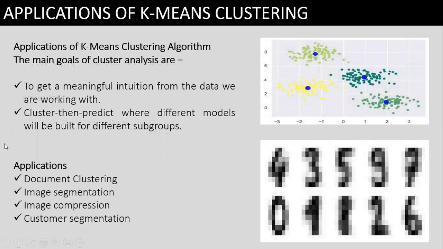So for the applications of k-means clustering, first we review the objective of k-means clustering, which is to get a meaningful intuition from the data we are working with. So get a sense of seemingly random information, and then predict groups based on the mean distances from the centroids of the data.